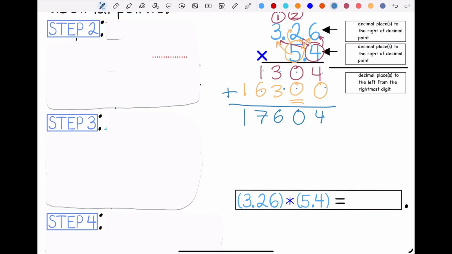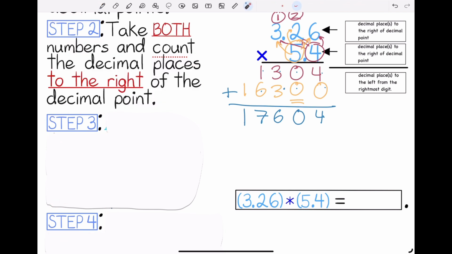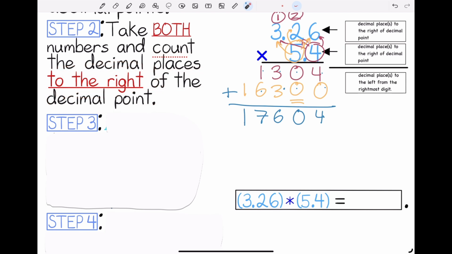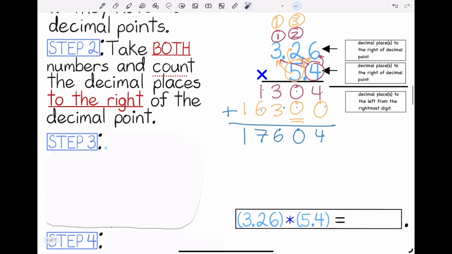So in step 2, it tells us to take both numbers and count the decimal places to the right of the decimal point. What does that mean? Well, let's do it with one of the numbers. If we do it for 3.26, we're counting how many numbers are to the right of the decimal point.